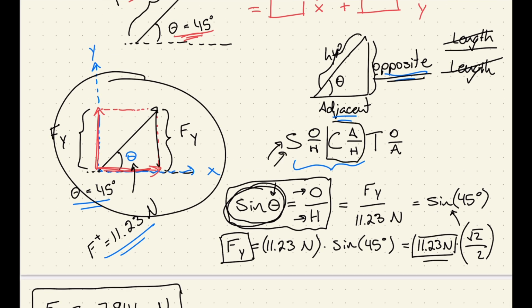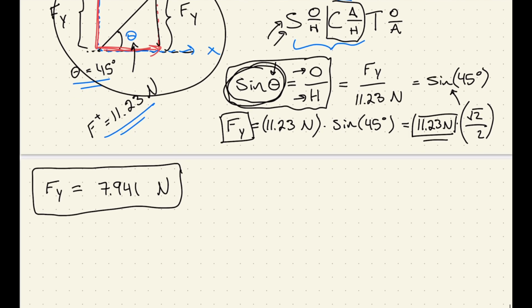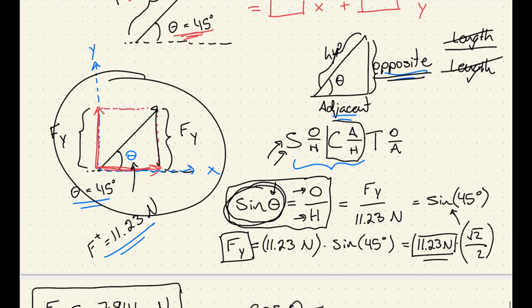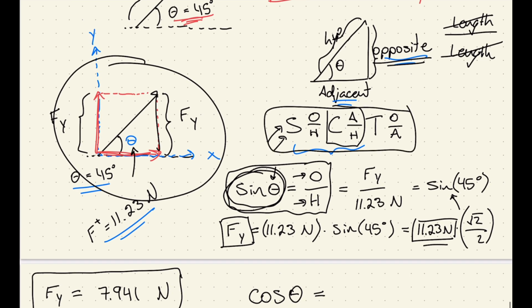Now let's take cosine. We can do the same thing. What is cosine? We take cosine, we put a theta in it, because cosine is a function that eats an angle. And cosine, using the SOHCAHTOA mnemonic, is adjacent over hypotenuse. So I'm going to write A over H. What is A in our triangle? Adjacent is adjacent to this angle. It is this thing right here.